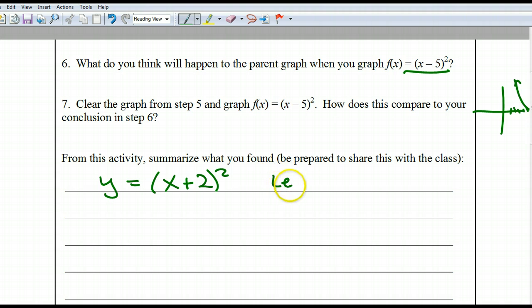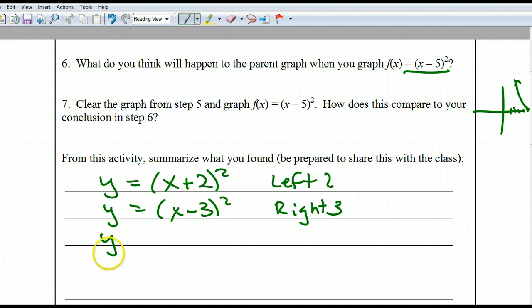To the left 2. What if I have y equals x minus 3 squared? Which way am I going to move? Right 3. What if I have y equals x squared plus 4? Up 4.